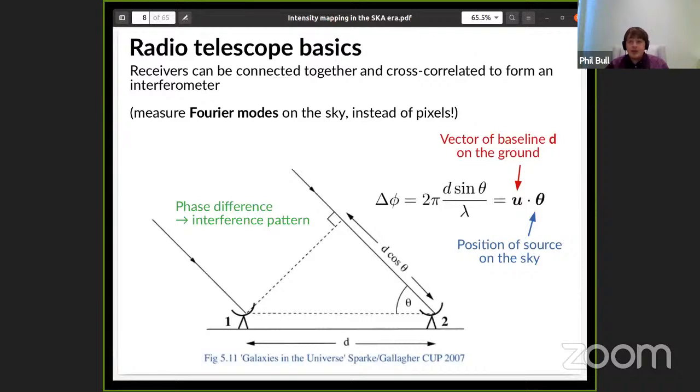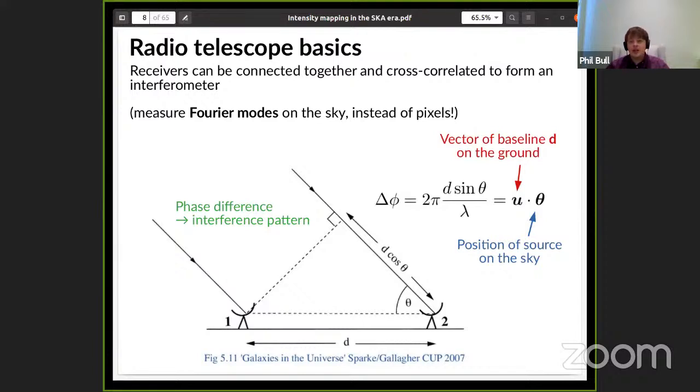So the type of radio telescope I just showed you was just a single dish. I'm mostly going to be talking about when we use radio telescopes as a single dish, also known as being in autocorrelation mode. But it's also very common to connect radio telescopes together, and to multiply or cross-correlate the signals from them, so they act as an interferometer.